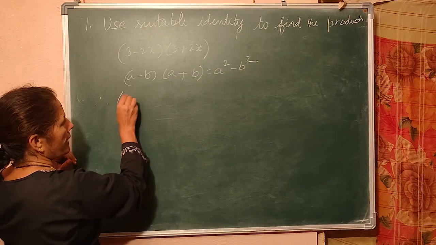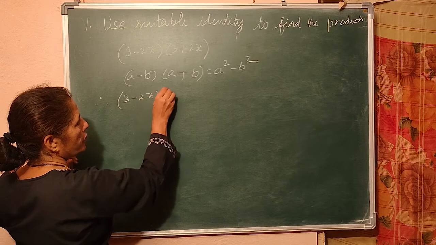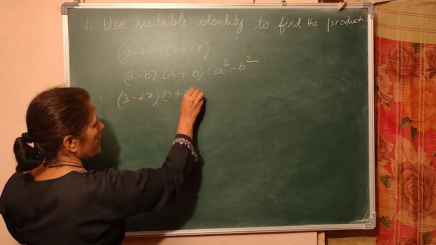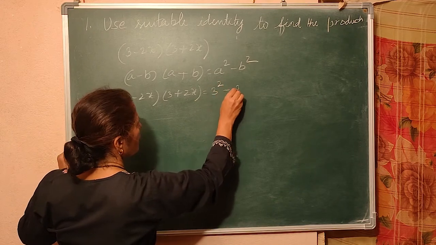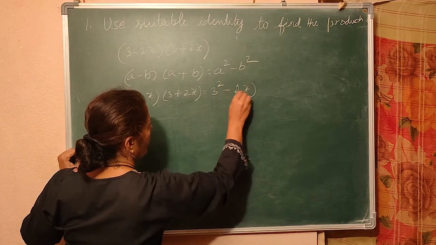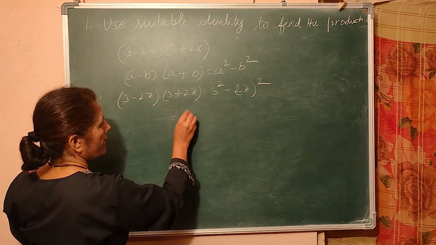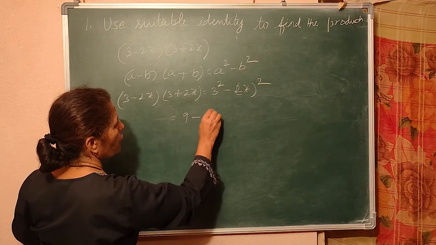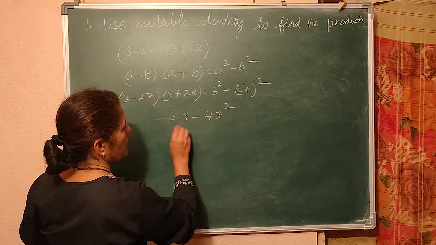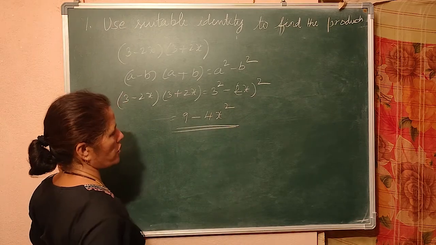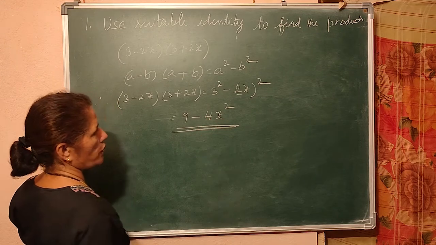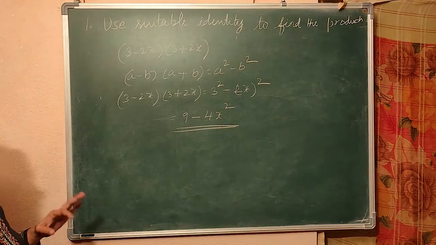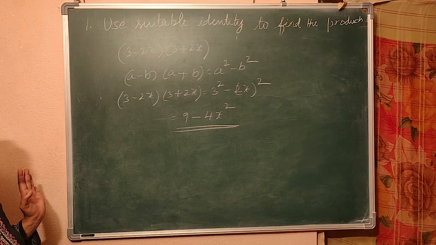Therefore, (3 - 2x)(3 + 2x) is equal to 3 square minus (2x) whole square. So what do you get? 9 minus 4x square. 9 is 3 square, minus (2x) whole square, so 9 minus 4x square. This is your final answer.